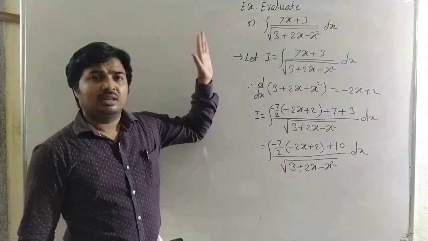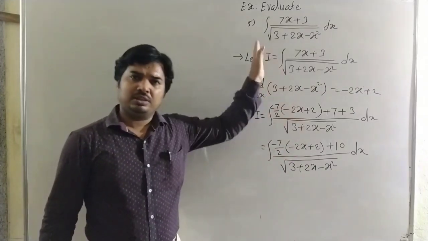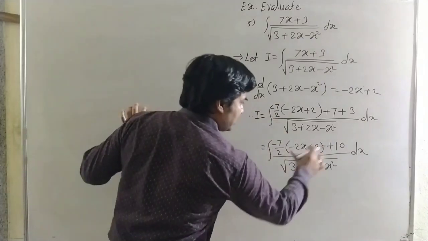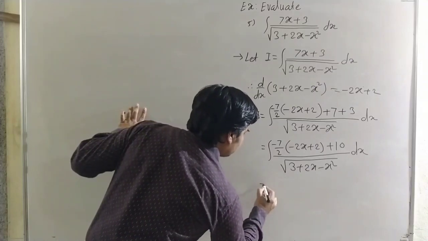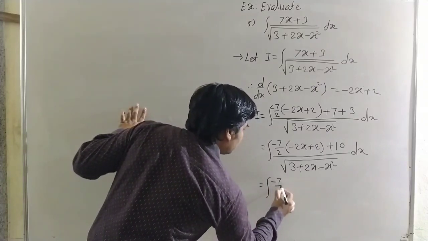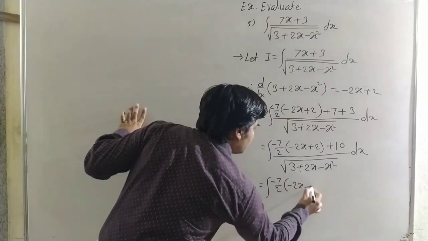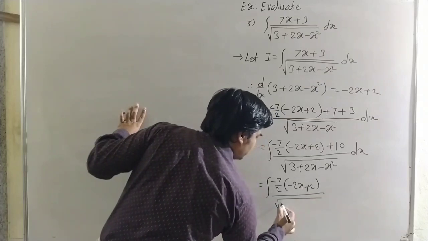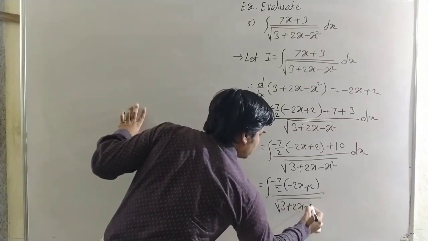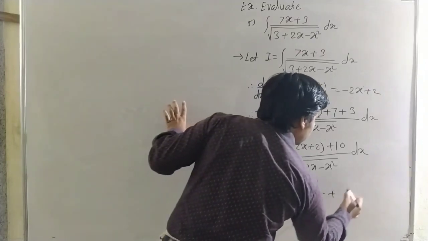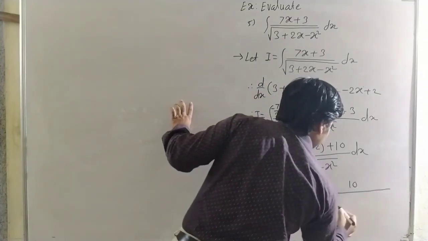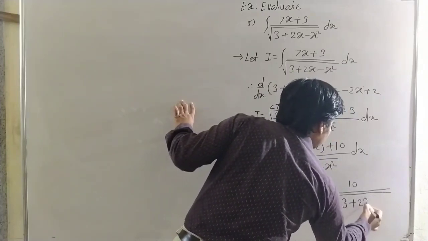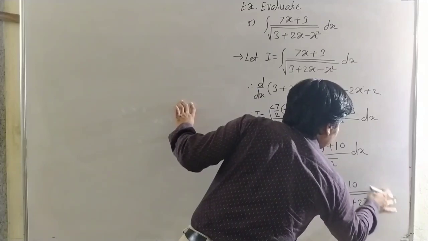Here, we find the value of a and b and then put the value. It is a lengthy procedure, so this is an easy way, in 2 steps. Now we can separate this integral. It is minus 7 by 2 into minus 2x plus 2 upon under root 3 plus 2x minus x square, plus 10 upon under root 3 plus 2x minus x square dx.